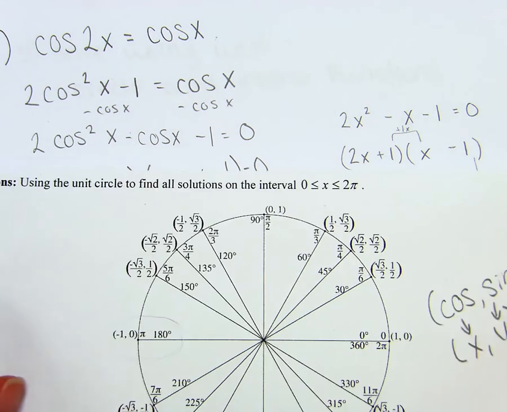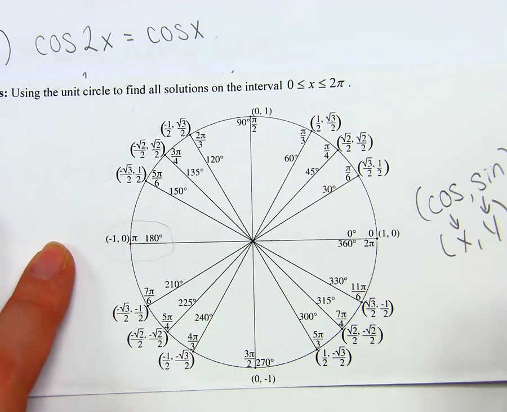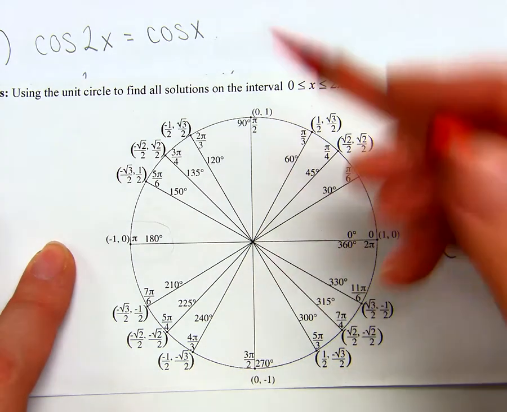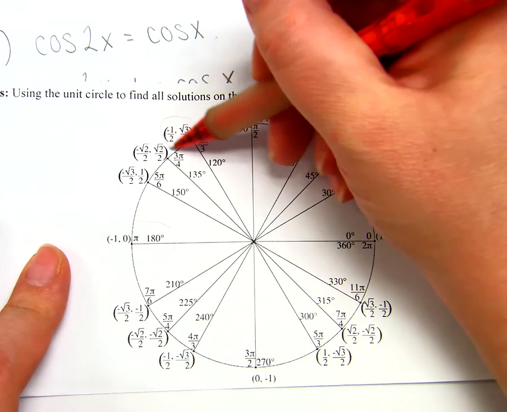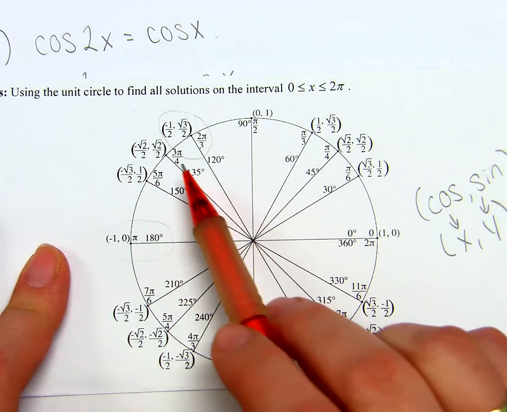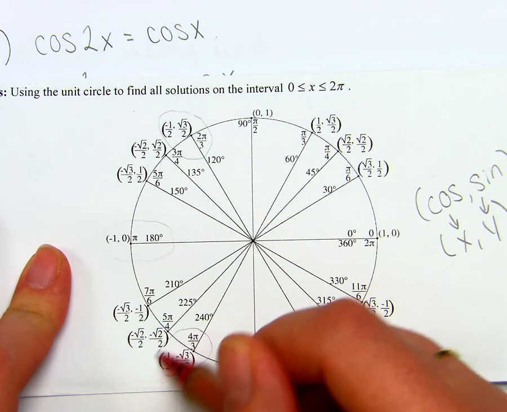So if I'm looking at my unit circle, I want to know when cosine equals negative 1/2, that would be at 2 pi over 3. And it will also be at 4 pi over 3.